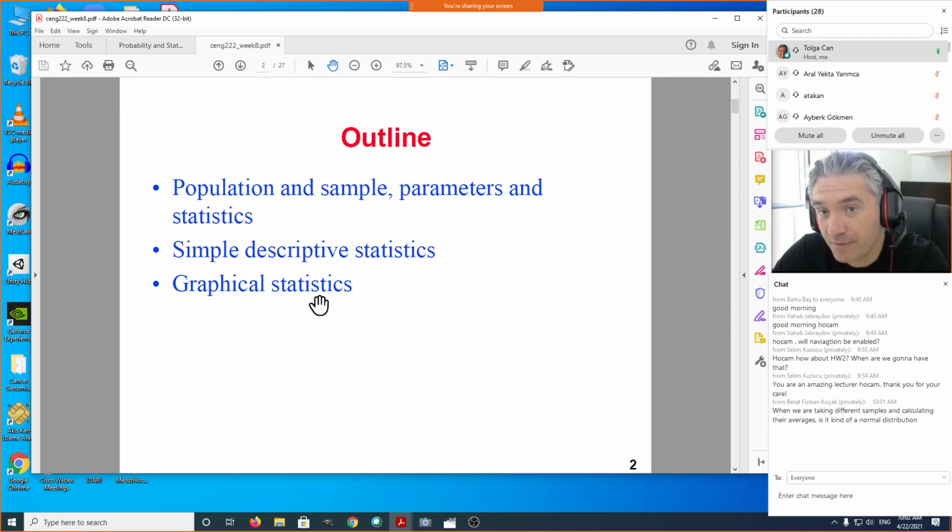The age itself may be coming from a different distribution, but when you compute the average of those different ages, by applying the central limit theorem you can see that the averages, I mean the sums of 200 students, are going to be normally distributed.